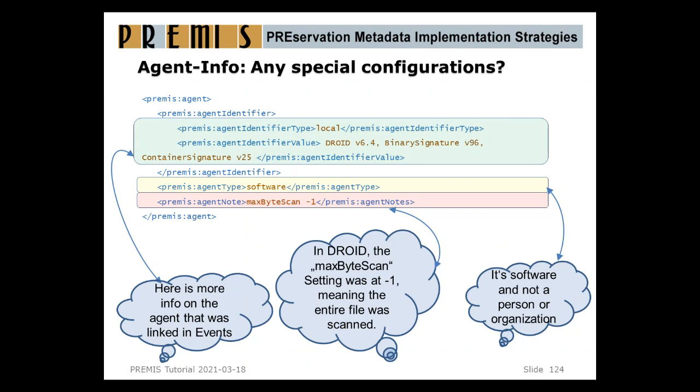This is important context information for how the tool was used, because depending on what your setting was, you can arrive at different results. It often happens with PDF and PDF/A. If you don't scan the entire file, the file format might not be recognized as PDF/A. So this is important context information that in this concrete use case example was chosen to store within the agent information alongside the fact what agent it was and with what signature.